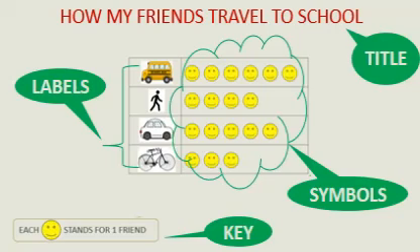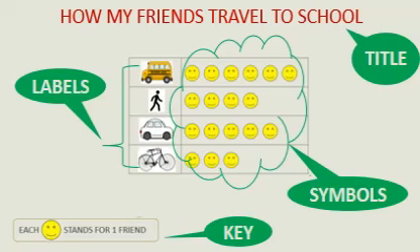Then we will talk about symbols. Symbols tell us the given number of objects. Here we have smiling faces, which are telling us how many students are traveling by car, buses, and cycles. Then we can talk about keys.